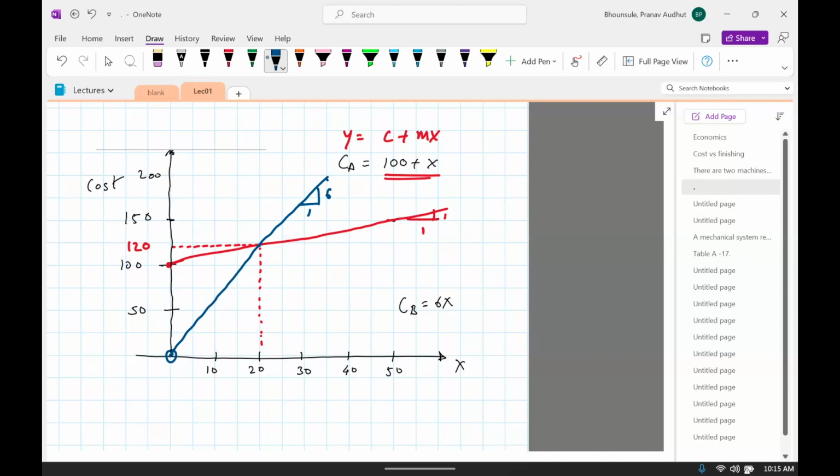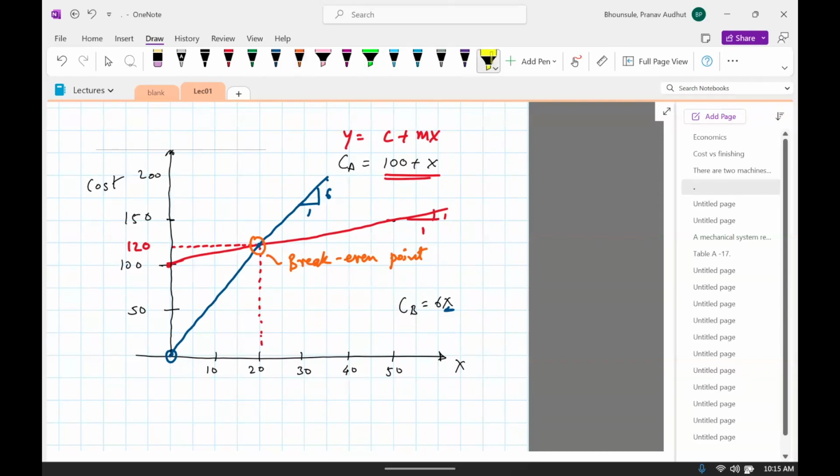And the reason I drew this intentionally is because we know that when x equals 20, 6 times 20 is 120. So both of them pass through this point. This is the break-even point. Okay, so now what's happening is the following.